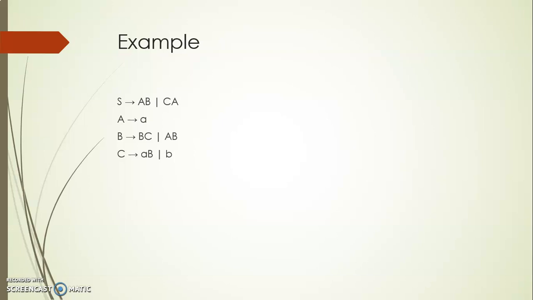So consider this grammar. As we know, there are two steps in removing useless symbols. First one is identifying generating symbols. The second one is identification of reachable symbols. So first we'll go ahead with generating symbols. Before I go into the example, we'll recall what is generating and what is non-reachable. In generating, by default, you have to include the terminal symbols present in the grammar.